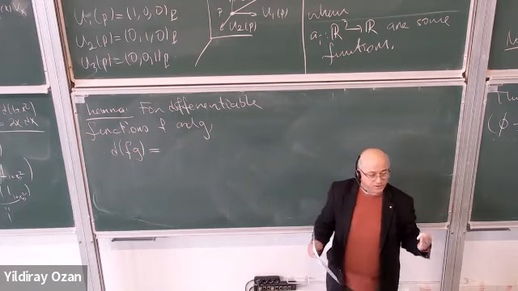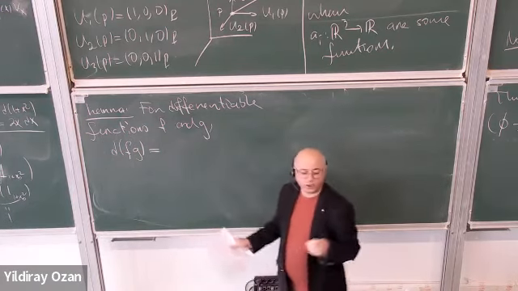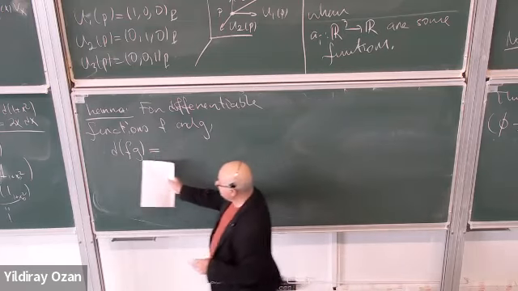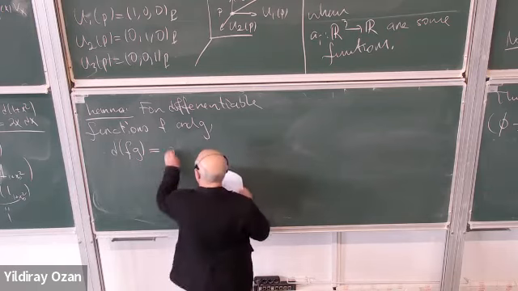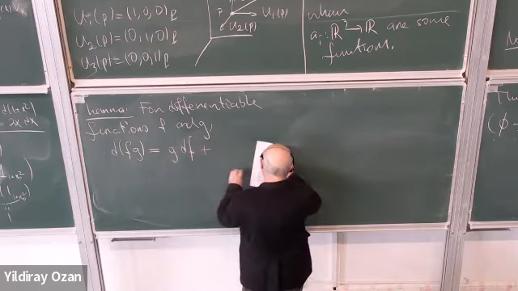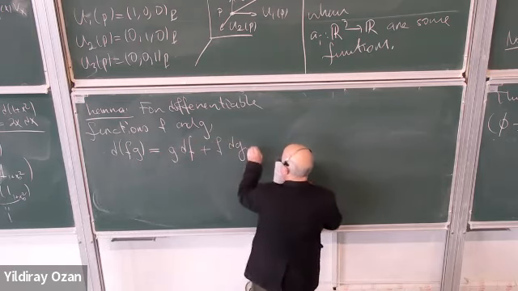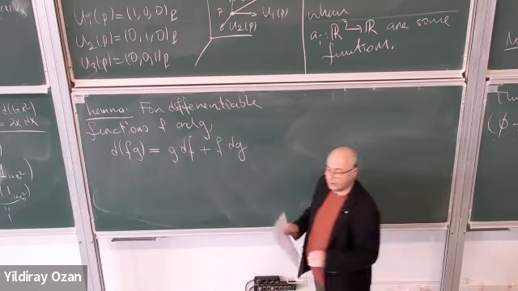Product of two functions is another function. And since f and g are both differentiable, the product is differentiable. What is the differential of this function? Well, it is nothing but g times the differential of f plus f times the differential of g. So we have a kind of Leibniz rule, okay?